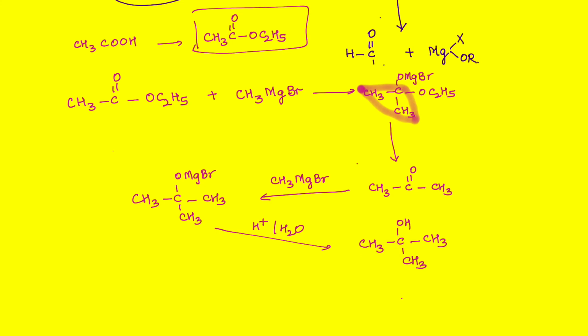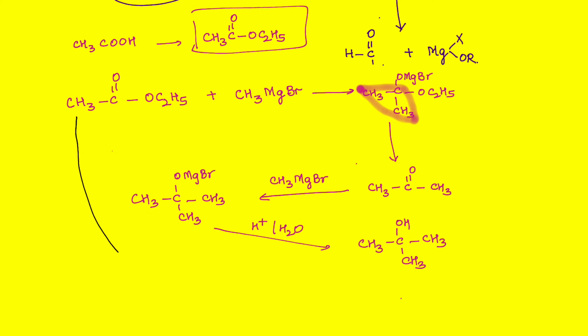Now what has happened? If you have a look at the reaction which took place, see, this has got converted into this product. Basically, you are using up 2 molecules of Grignard's reagent. Easy way to remember: convert the double bond O to OH.